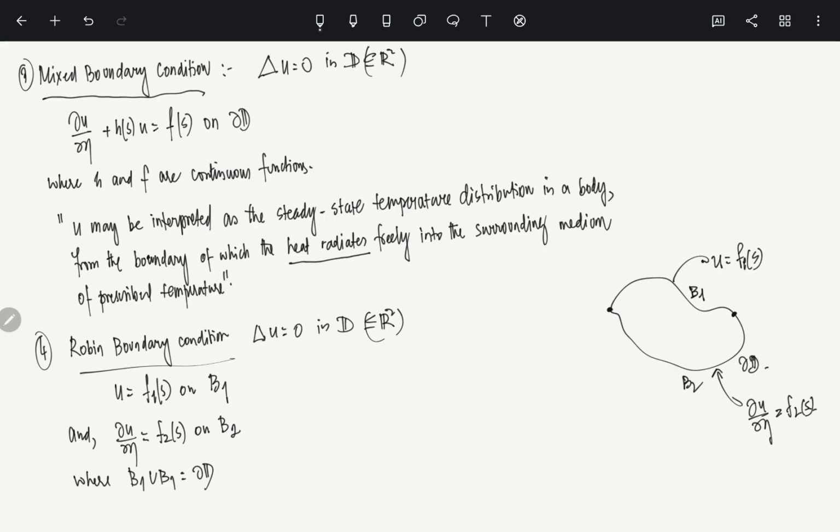Is this okay? And these sort of things are called the interior boundary condition. There is something called the exterior boundary condition, but that is not in your syllabus, so don't worry about it. These are called interior boundary conditions. If you understand this, this will be more than enough for you.